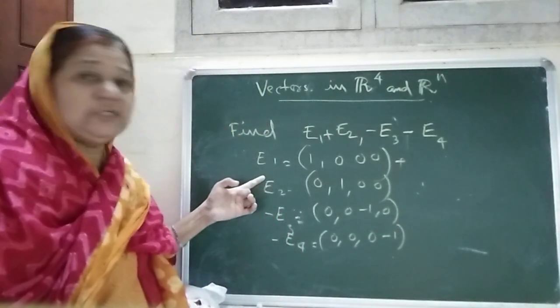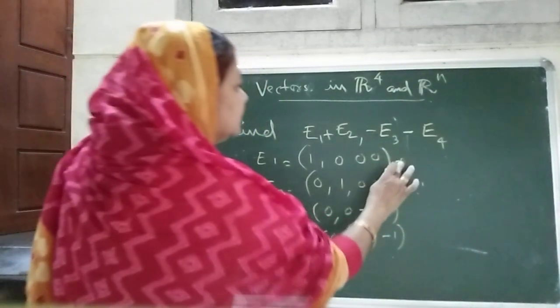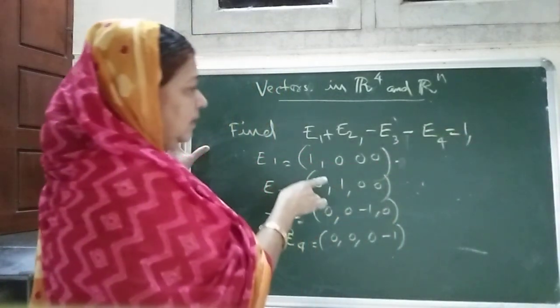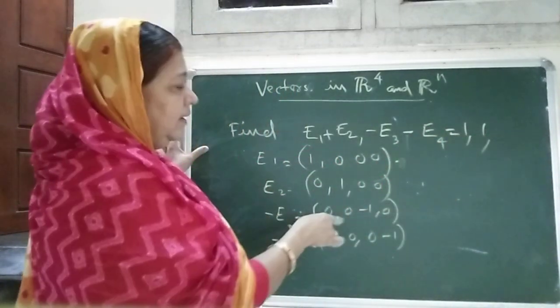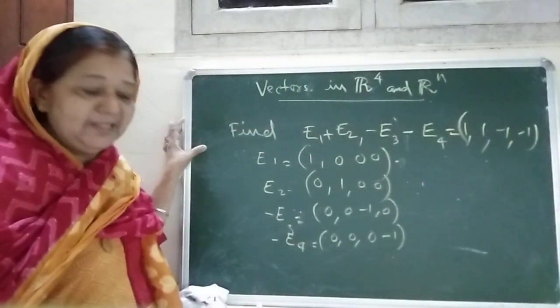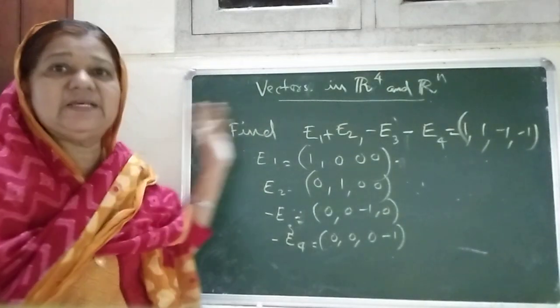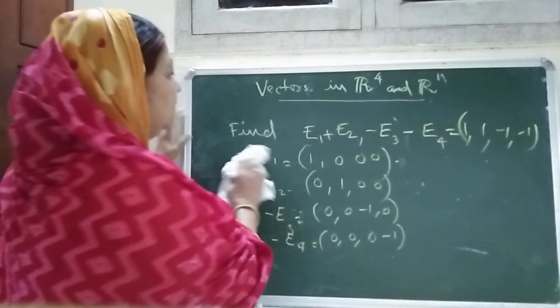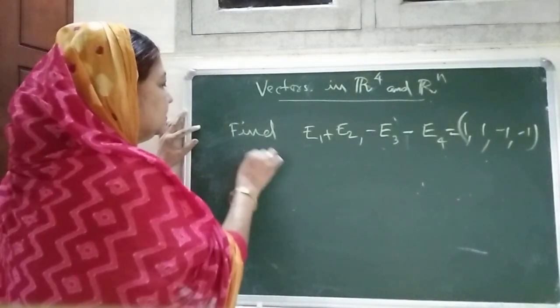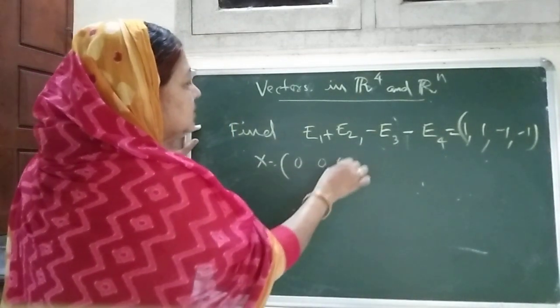Therefore, E1 plus E2 minus E3 minus E4 is equal to 1, 1, minus 1, minus 1. Therefore, we can find so many vectors which are orthogonal to this. So, first vector is x equal to 0, 0, 0, 0.